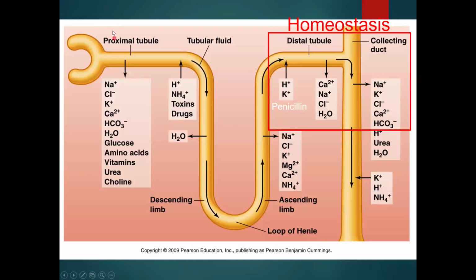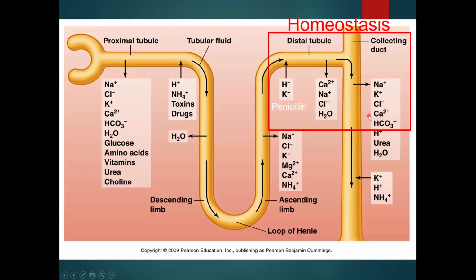So we have the blood coming past the proximal convoluted tubule, and it will come past the distal into this area between the distal and collecting duct and past the ascending limb here. So it normally gets salts pumped in at the ascending limb, but depending on how much need there is, there can be more or less of these salts pumped into the blood from the distal convoluted tubule and the collecting duct.